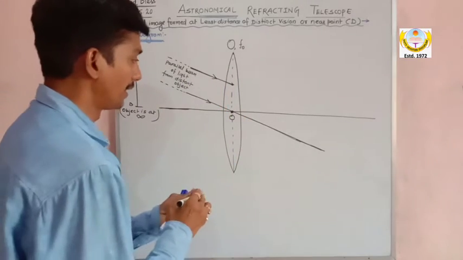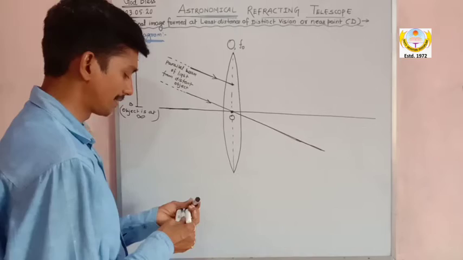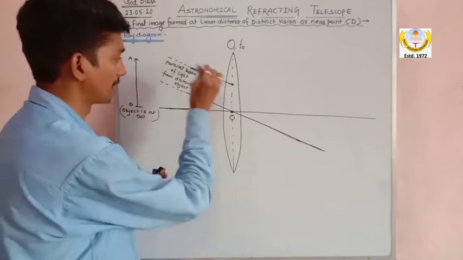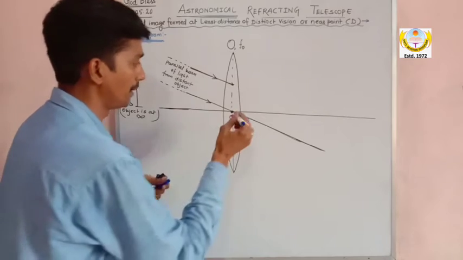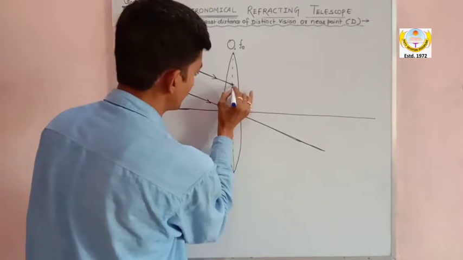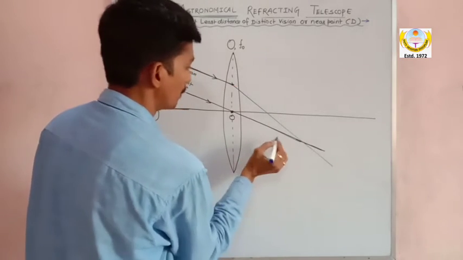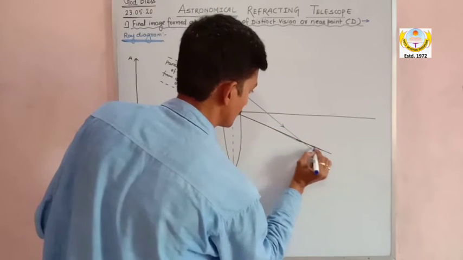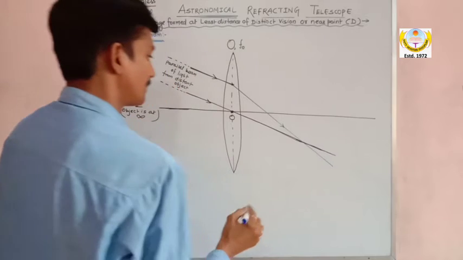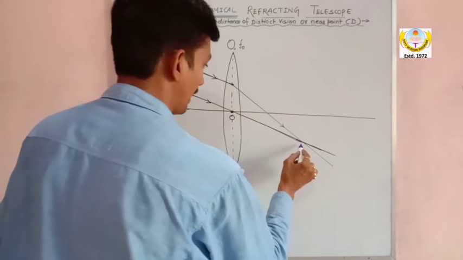Okay, now my dear, here you all can see, this parallel beam which is coming here falls on the objective lens, will be refracted, and say it is going this way. Now here I will draw another lens.